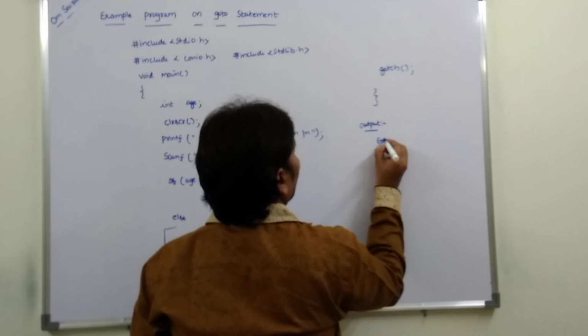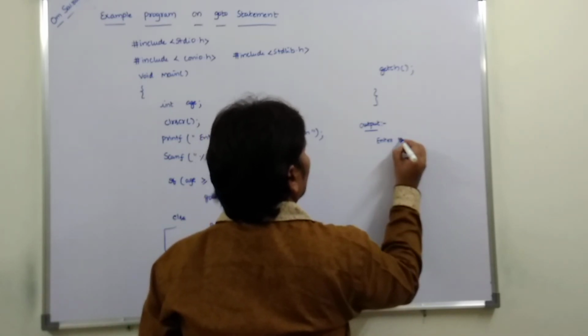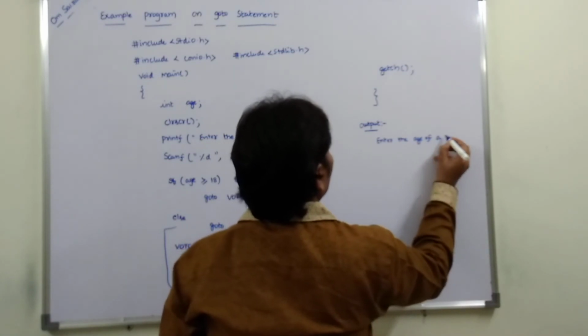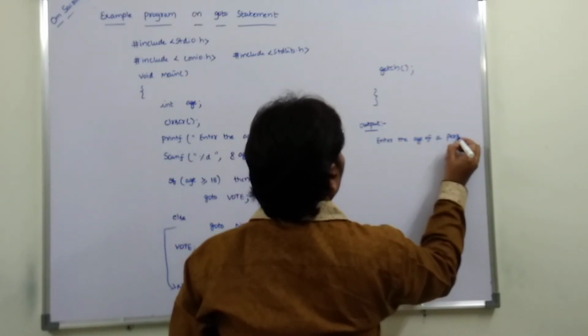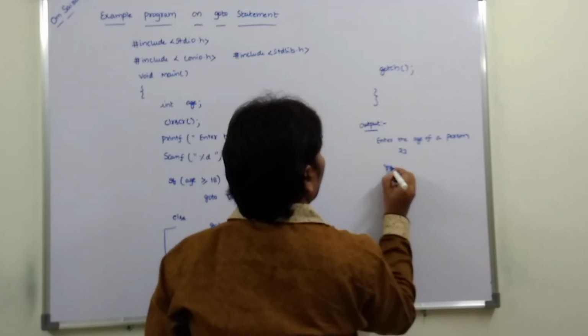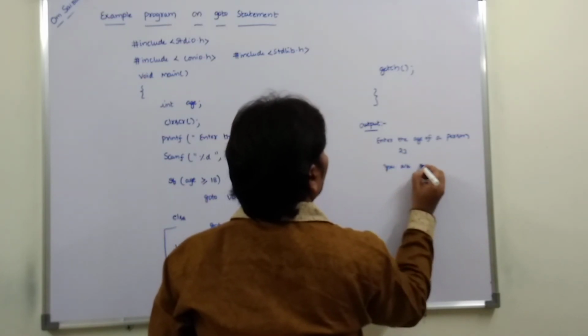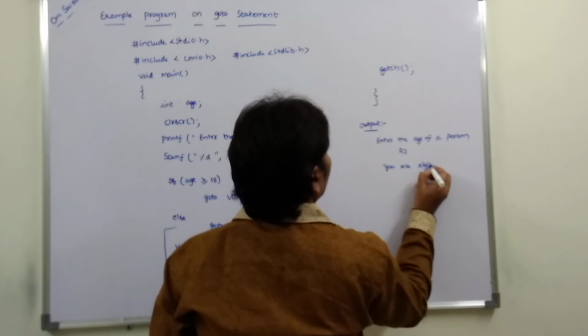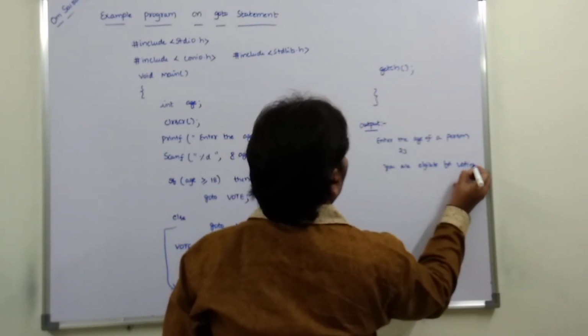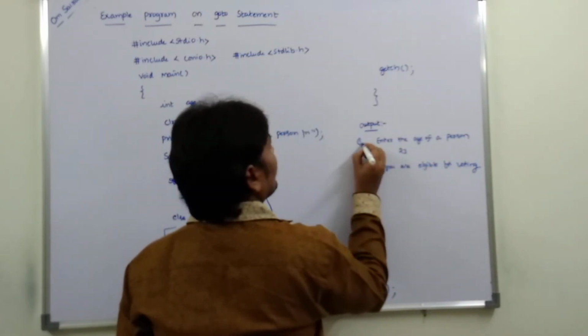So the output. Enter the age of a person. That is 23. So you are eligible for voting. This is the first output.